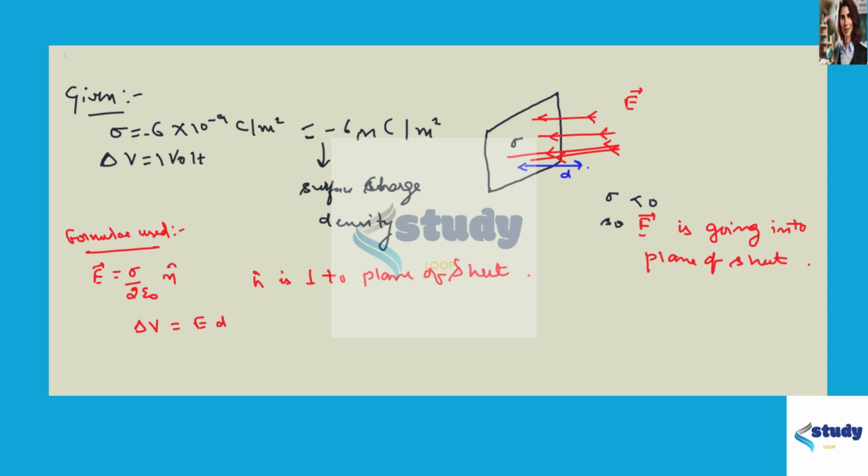All right. So we have this formula again. These are two formulas. Delta V equals E d.